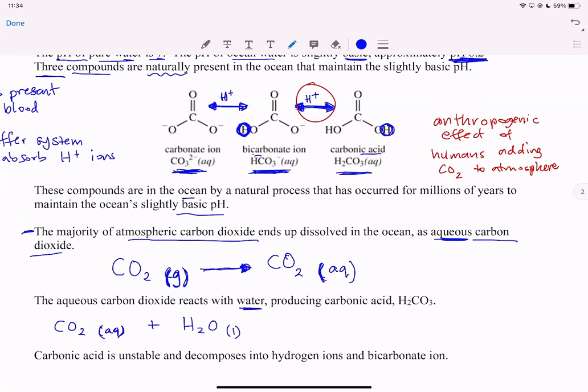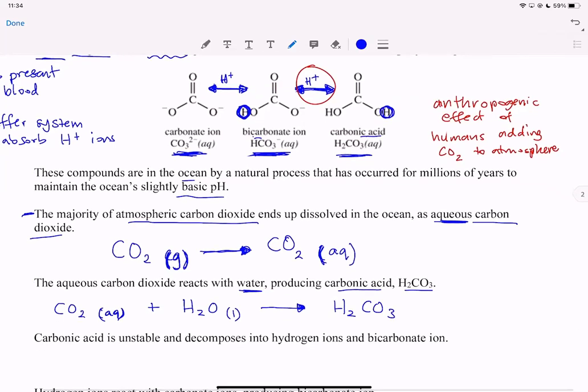So this is reacting with water, and the product is carbonic acid, and we're given that chemical formula, H2CO3. If you have your solubility rules handy, acids are always aqueous, so we can add the aq physical state there.